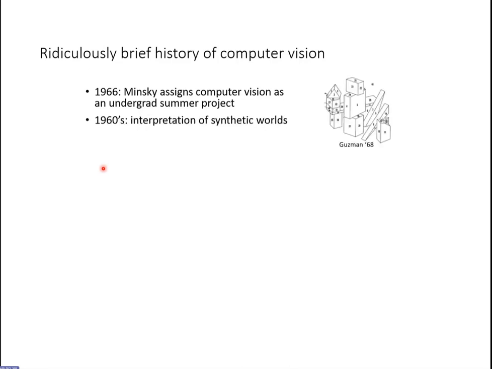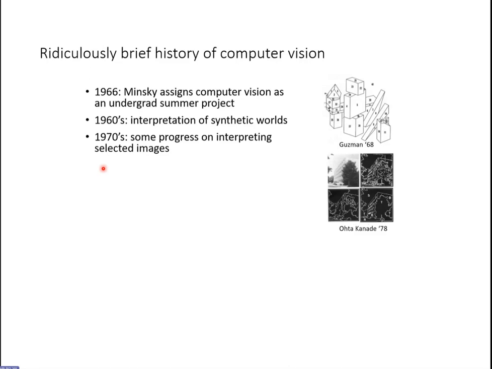In the beginning, they tried to interpret which block is on top of another block, and which is behind, far away. Then they tried to find where the edges are in a given image.